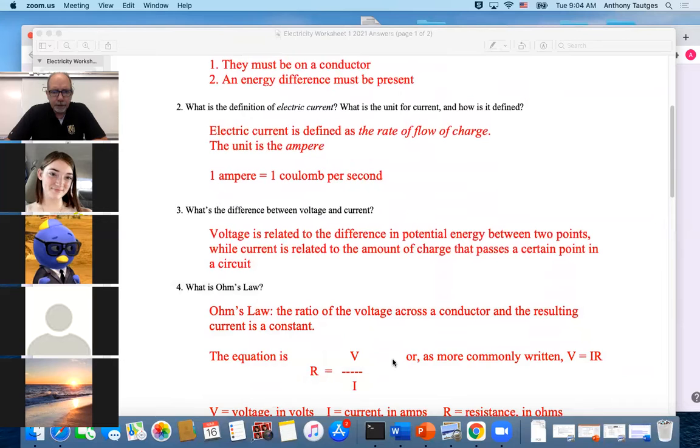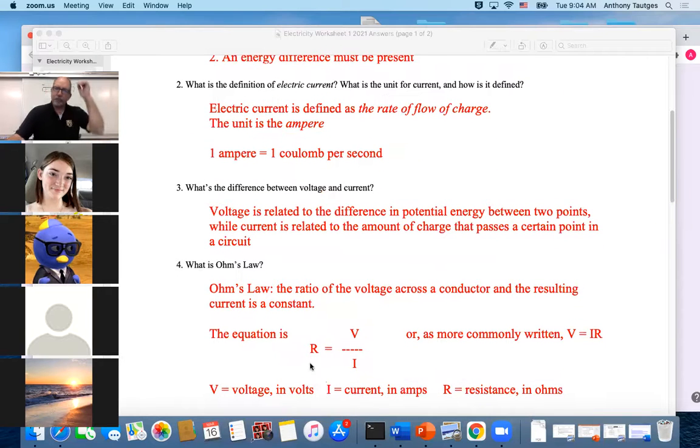Ohm's law. The formal definition is that the ratio of the voltage across a conductor and the resulting current is a constant. So V over I, the ratio of voltage to current, is a constant.